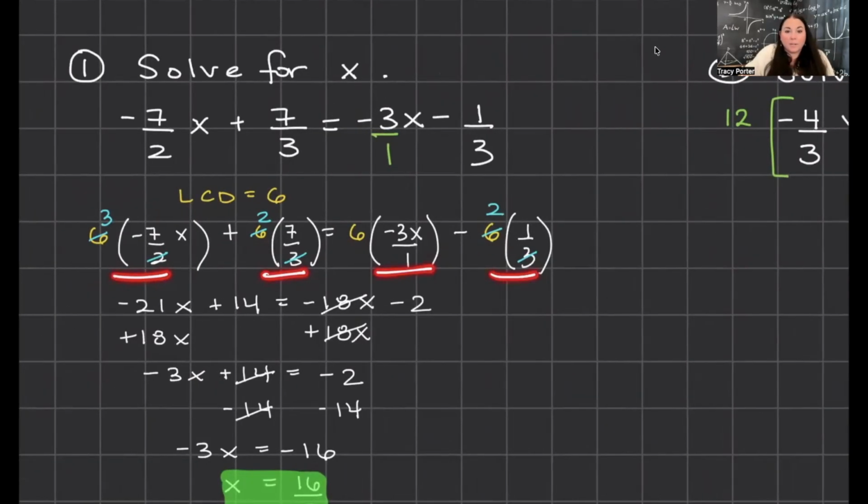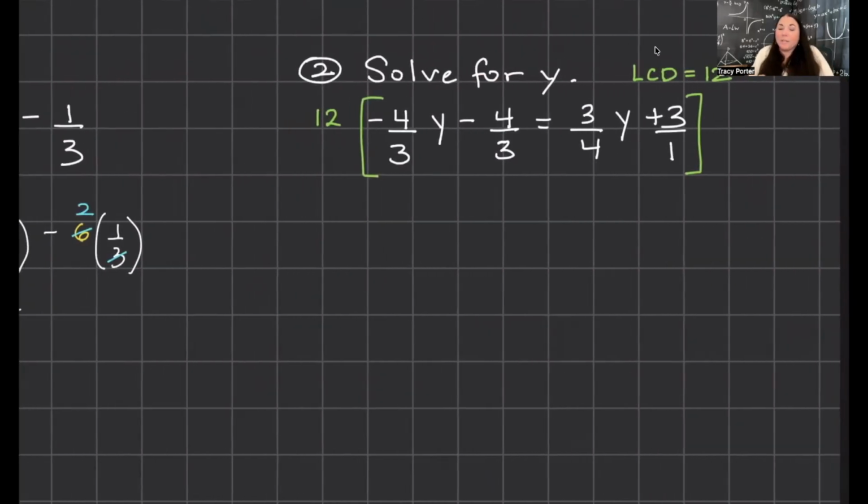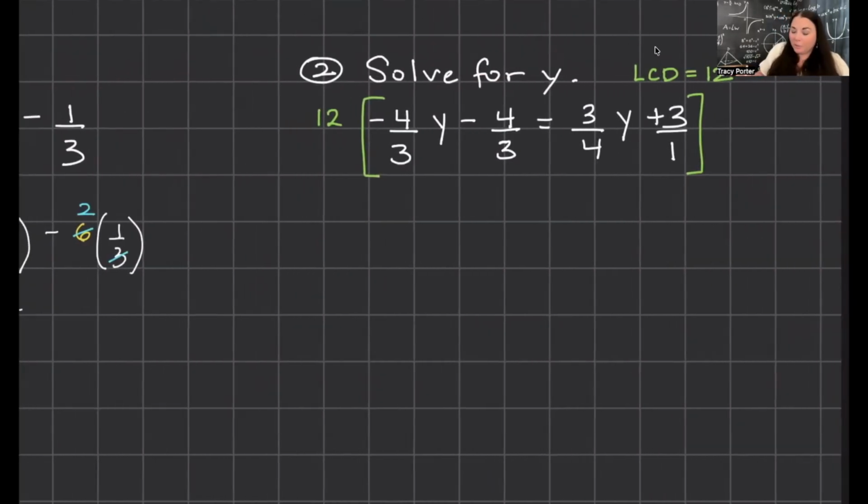Just make sure that you remember you have 4 terms, right? You have to multiply the 12 times this term, and on the other side of the equation, those 2 terms over there. So you'd have to multiply times everything. The first one, 12 times negative 4 over 3. The 3 will divide into 12.